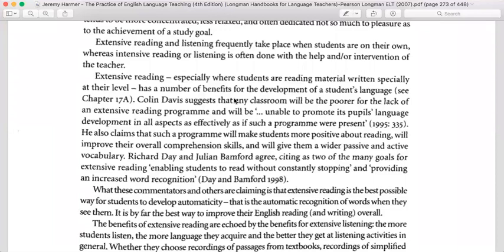Now, if we come to the advantages before going to the disadvantages, I've told you that the advantage of intensive listening is you're listening to many people, many characters other than your teacher in the classrooms.